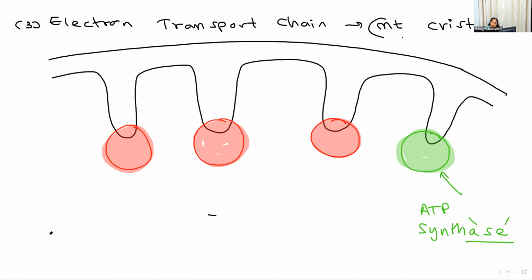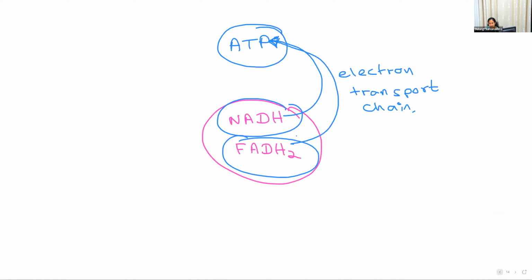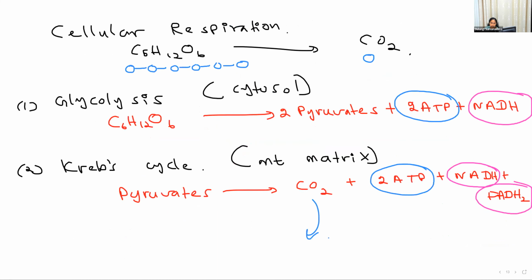So I'm going to give you the steps now. I'm going to use 4 steps. The first step: we have created coenzymes throughout the glycolysis and Krebs cycle.